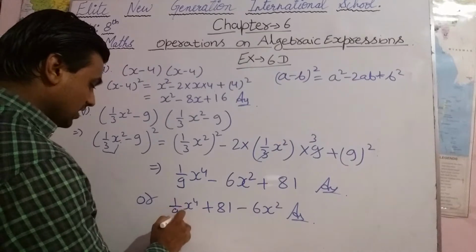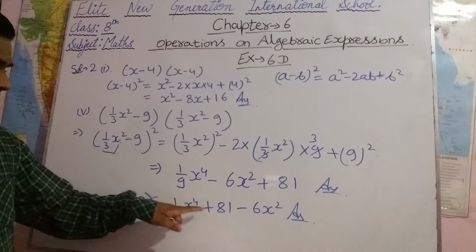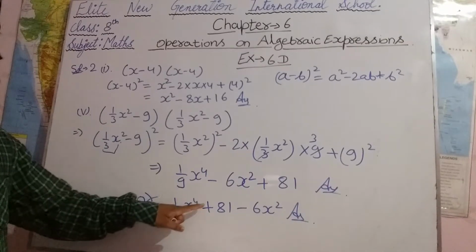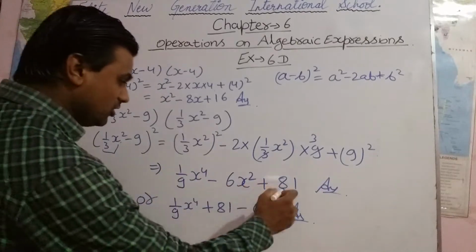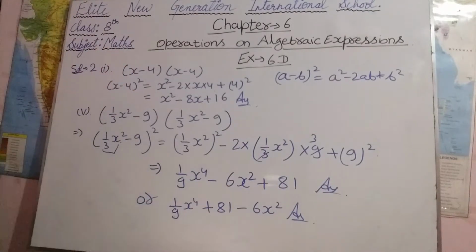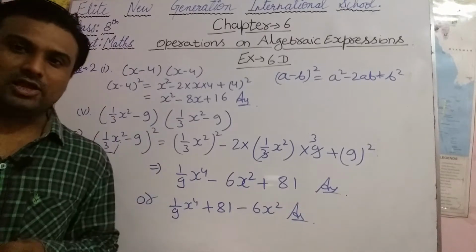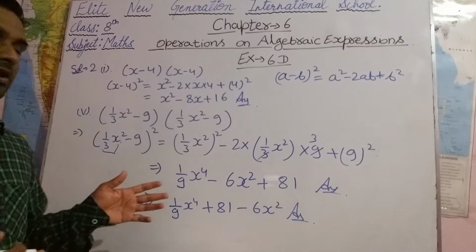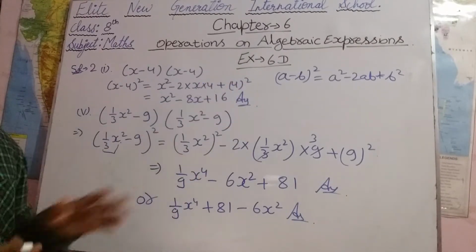Or we can write it in this way also, 1 upon 9 x raised to the power 5 plus x raised to the power 4 plus 81 minus 6x square. You can leave this up to here also, or you can write this also. So both the answers are correct. The remaining part of this question and question number 1 you can try yourself. These are very simple. You have to use the same formula in all the parts of this question.